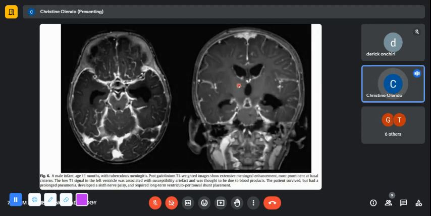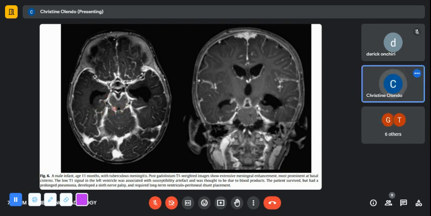So here we have a male infant at 11 months with TB meningitis. We have post-gadolinium images in axial and coronal planes. Here we have hyperintensity mostly at the level of the basal cisterns.